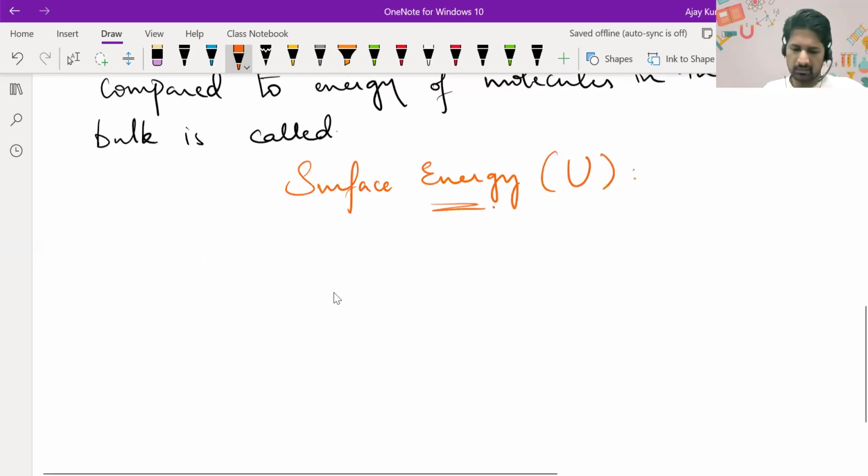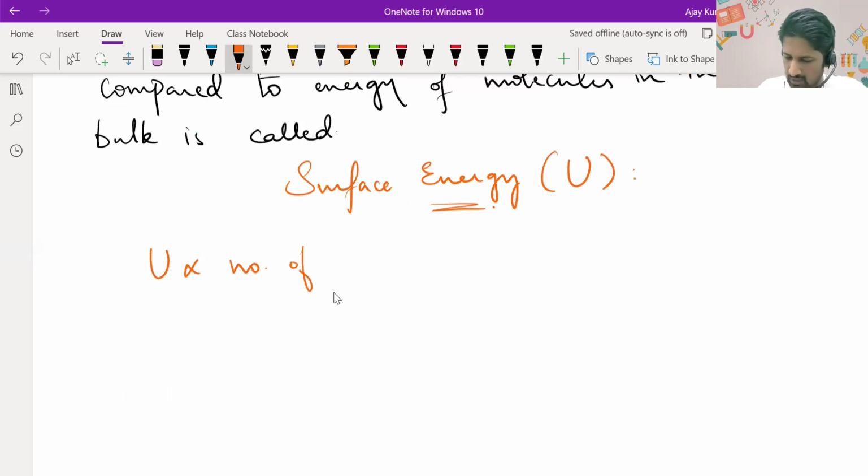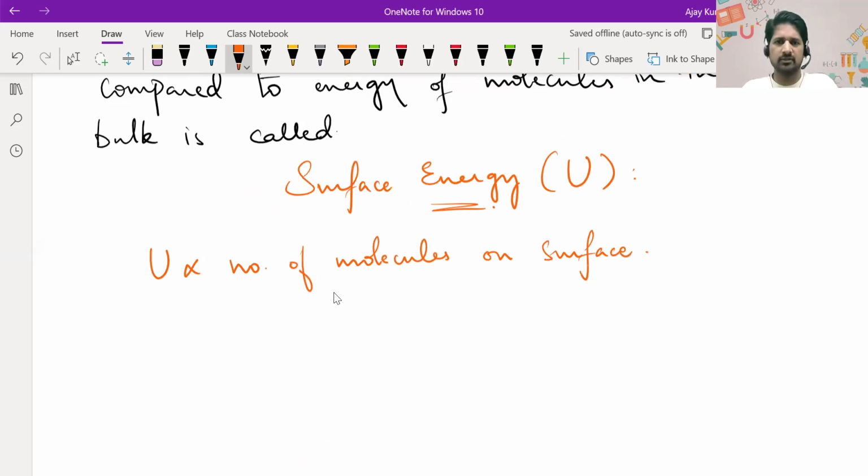So remember that surface energy is proportional to the number of molecules on the surface, because the greater the number of surface molecules, the greater the number of unstable molecules. Therefore, it automatically becomes proportional to the area of the surface.